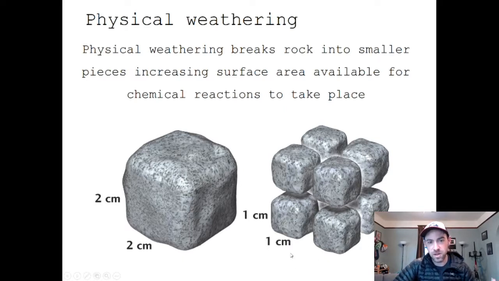So that's 6 times 8 square centimeters, so that's 48 square centimeters of total surface area for the same amount of volume, right? That can then be interacted with by water carrying solvents like carbonic acid, for example. Okay, so the process of physical weathering and breaking down of rocks can really promote and make more surface available for chemical weathering as well. Okay.